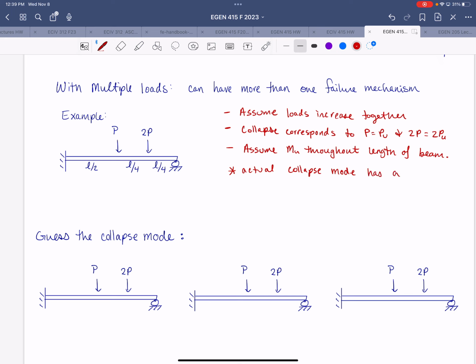So we'll actually have a distribution. It's not going to be a constant Mu throughout the length of the beam. It has a moment distribution, with the maximum moment equal to Mu.